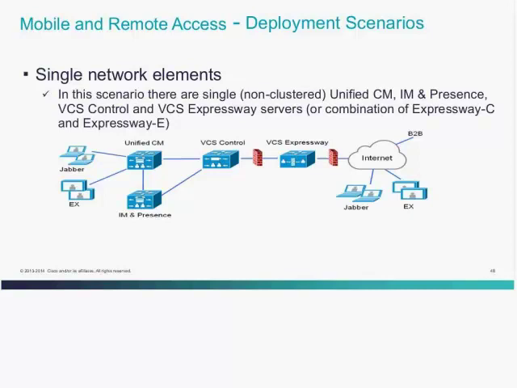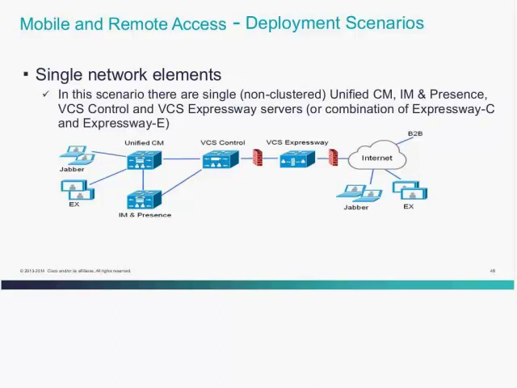Once that is done, the Jabber client will contact the VCS Expressway to find the UDS servers. The VCS Expressway will talk to VCS Control, which will then talk to the communication manager and respond back with the UDS server information. The Jabber client will then do a lookup for the home cluster. And once it finds the home cluster, it will then go and try to get the config file and register.